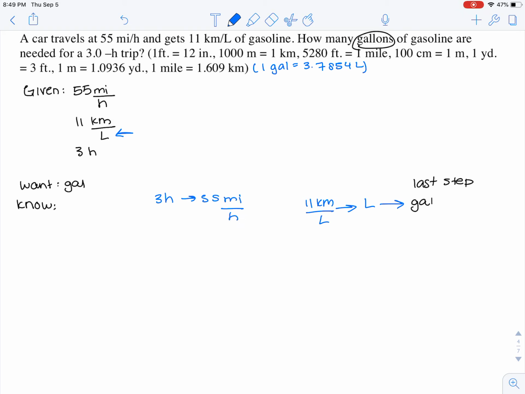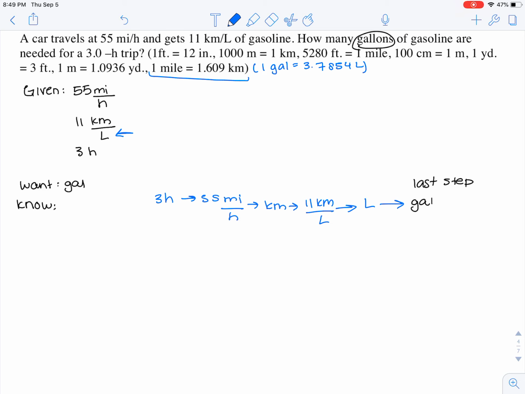Now I'm stuck between miles and kilometers, so I'll need to convert, and I have a conversion factor here to go to kilometers to then use that. And there's my plan. I needed to end with gallons. I had nothing in what I was given that had the unit gallons in it.